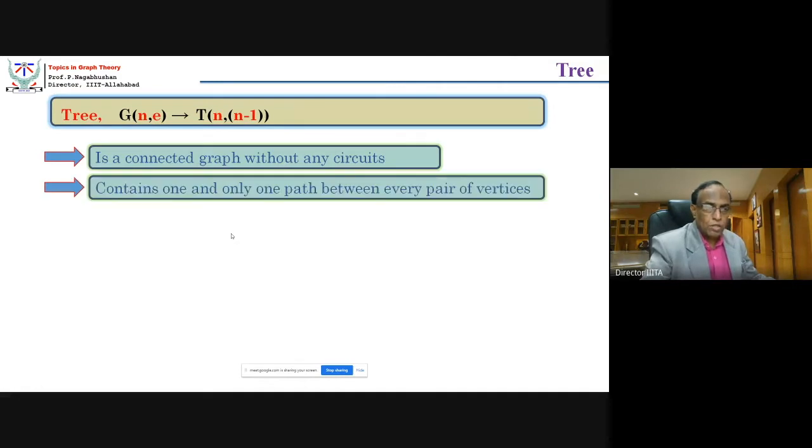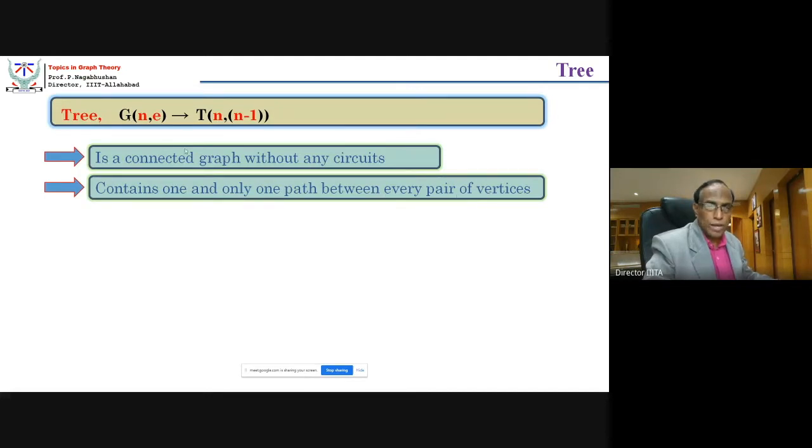All right. So another definition: a tree contains one and only one path between every pair of vertices. As I said, all vertices shall remain the same in trees, and there must exist one and only one path between every pair of vertices.